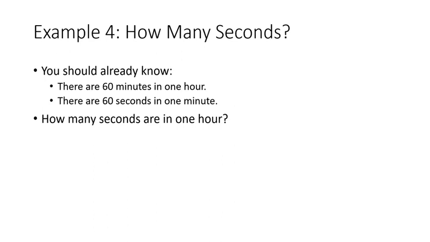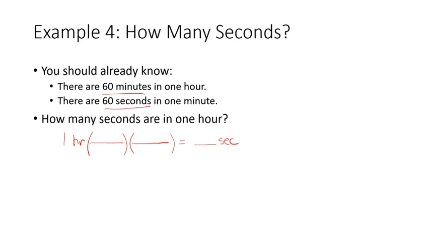If we have 1 hour, we want to know how many seconds there are in 1 hour. To do that, we need to multiply and divide by these numbers that we know above, which in general are called conversion factors.